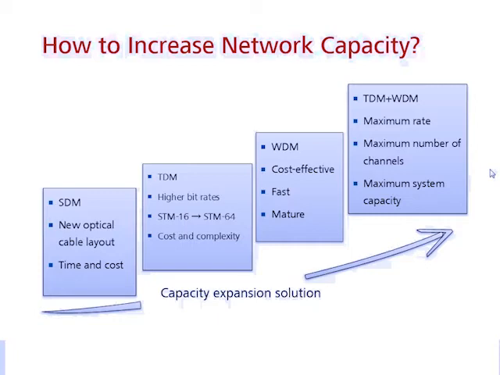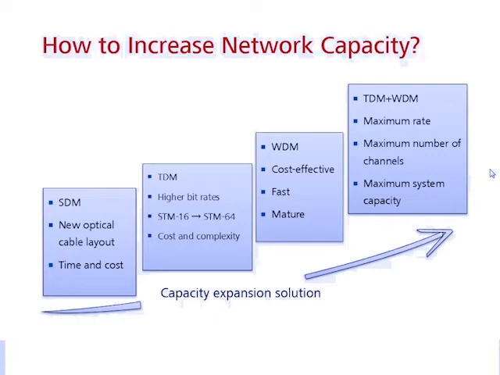So at this time, we found the new solution, that is WDM, wavelength division multiplexing. This is the newest solution, which is very fast, much cheaper than other solutions, and very good. No need for too much time or money to increase capacity.